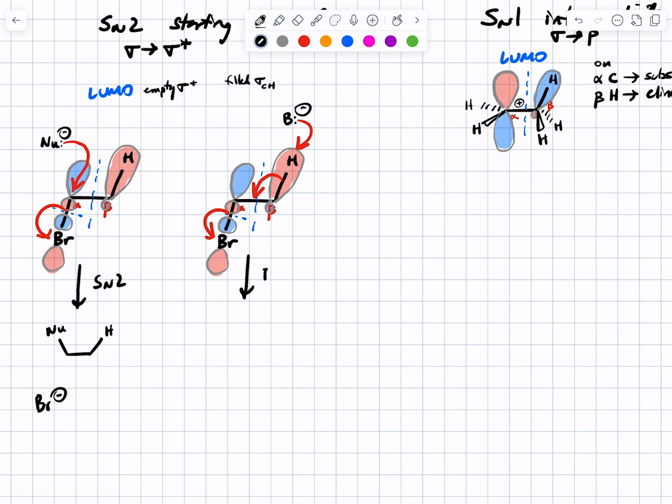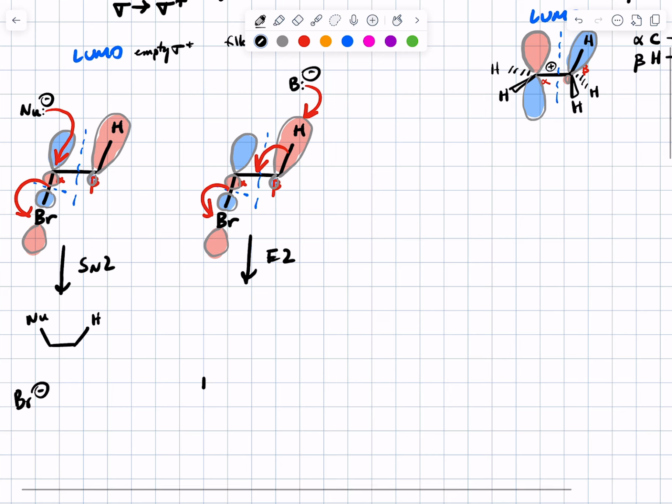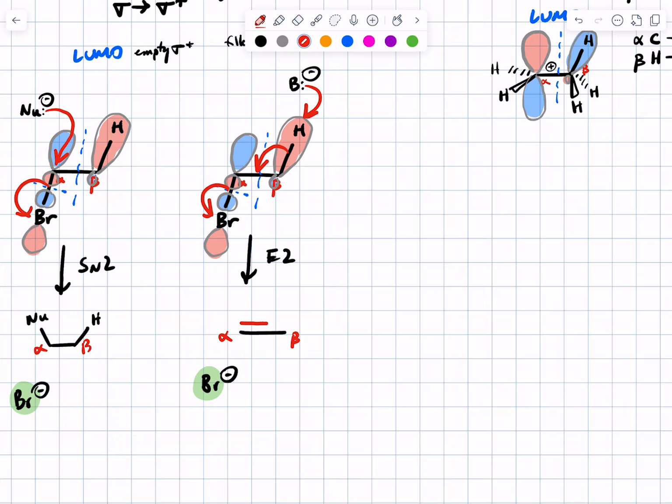And that is what we call an E2 reaction. And the products of that are, again, the leaving group leaves, but instead of the nucleophile being attached to the molecule, you now have a new pi bond between alpha and beta carbons.